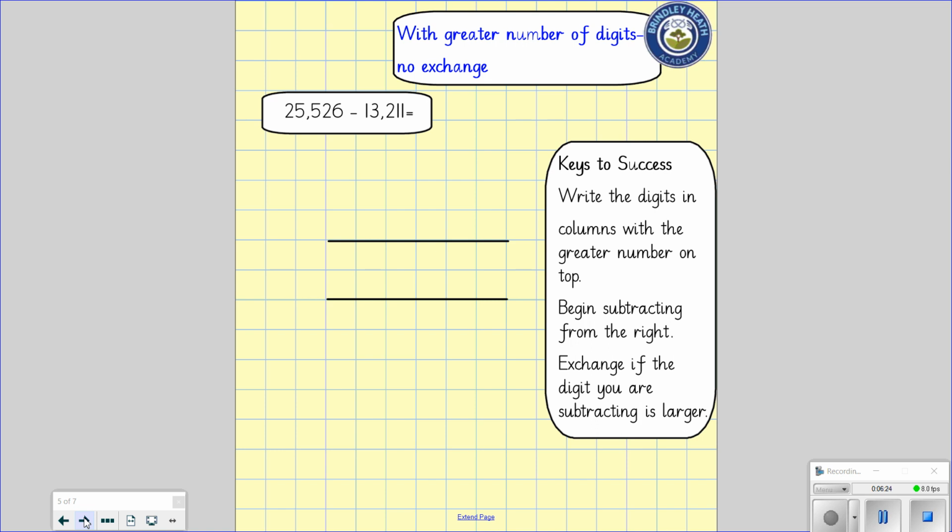When we've mastered that, we can then start to look at larger numbers, starting with numbers that don't involve an exchange. So I've got 25,526. And I'm subtracting 13,211. So again, I've written my digits in columns.